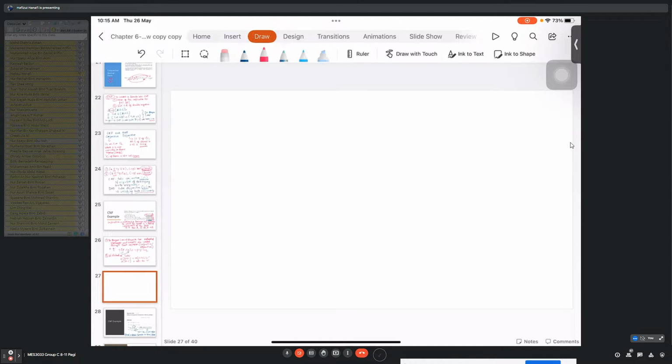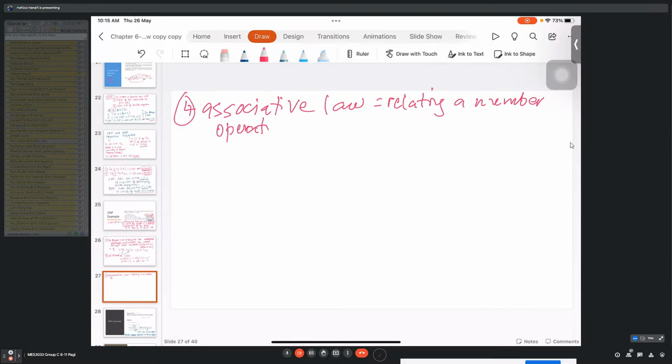Okay. Number four is associative. This one is important to have a deep understanding of. I think you have learned it in discrete mathematics. In mathematics, the associative laws relate to the operations of addition and multiplication.